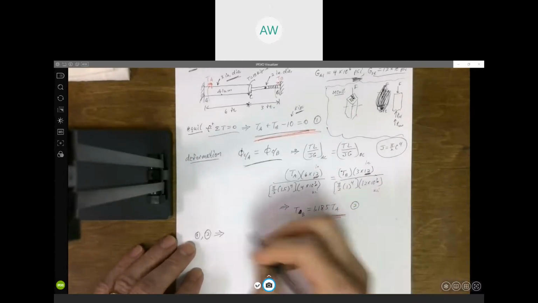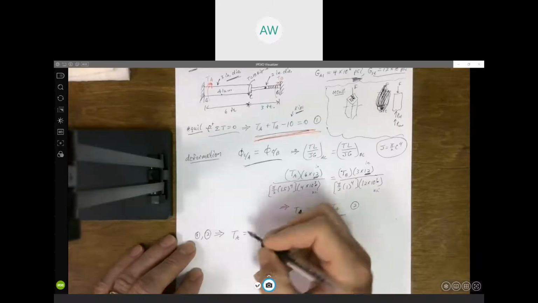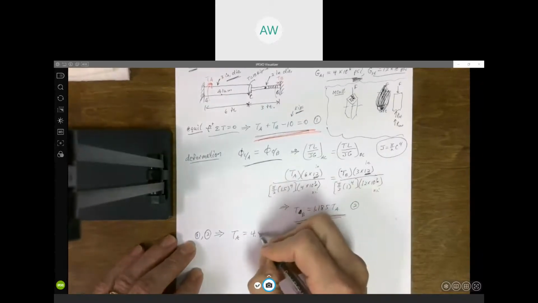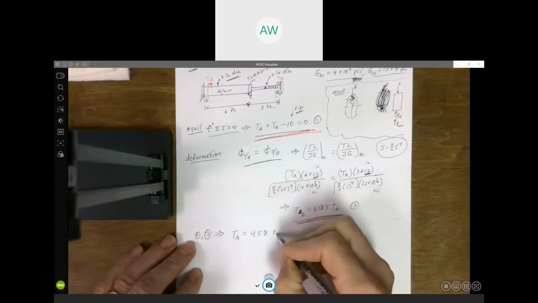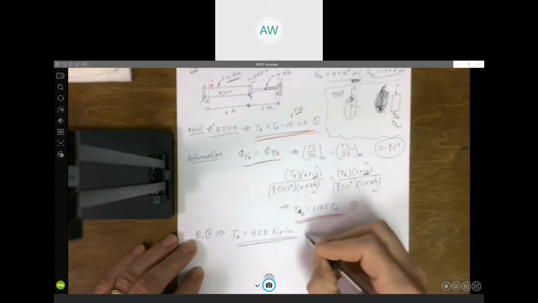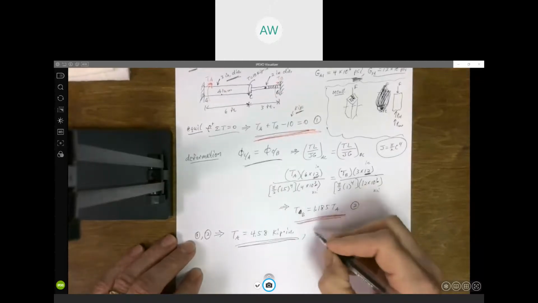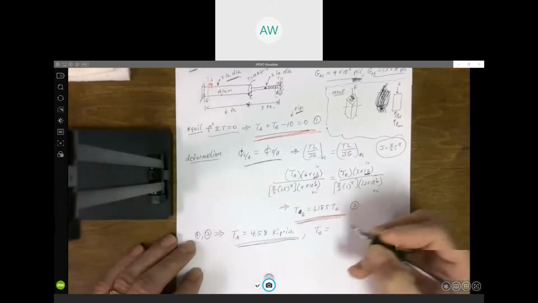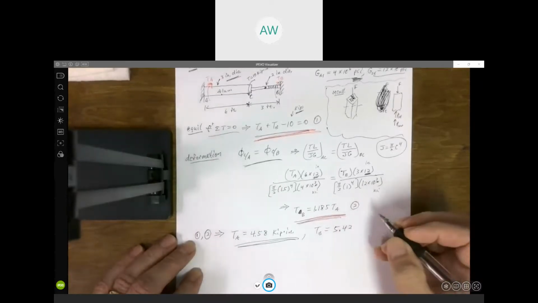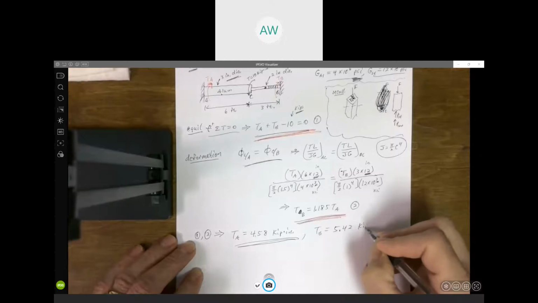I got TA to be 4.58. These are kip inches. And TB, 5.42. Yeah, that's right, 5.42 kip inches.